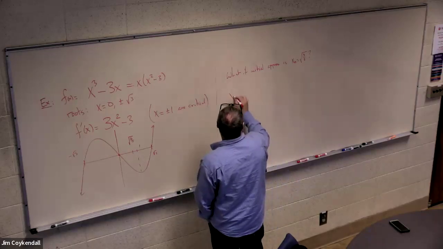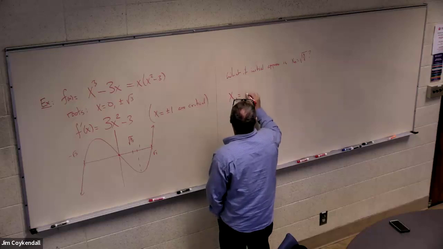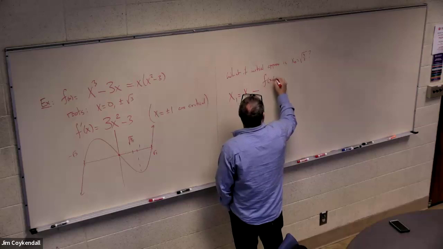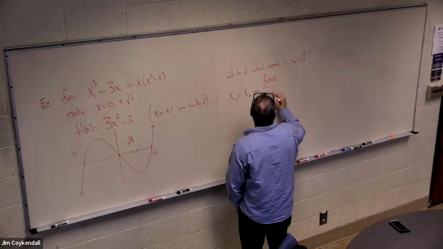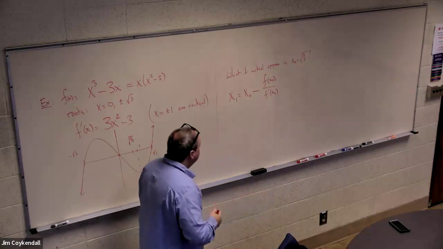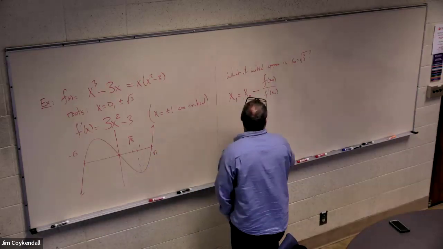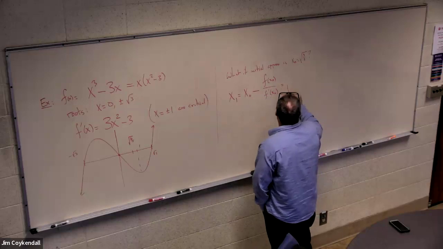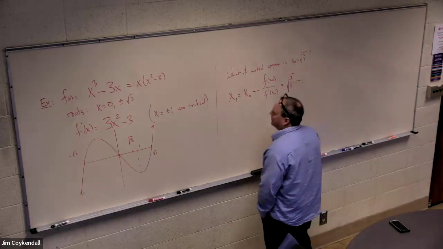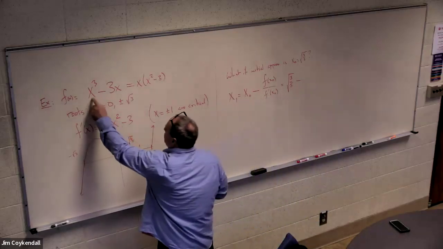Well, x1 is equal to x0 minus f of x0. Which in this case is square root of 3/5 minus f of square root of 3/5.